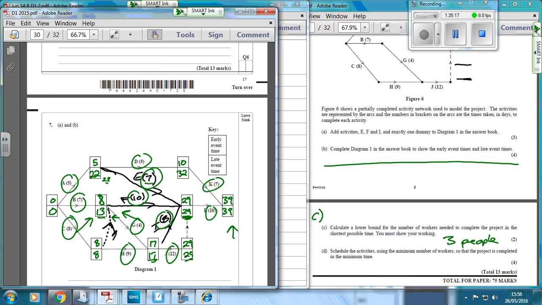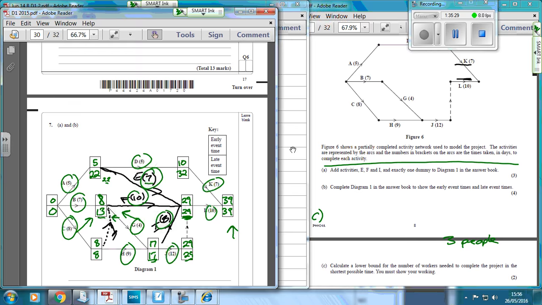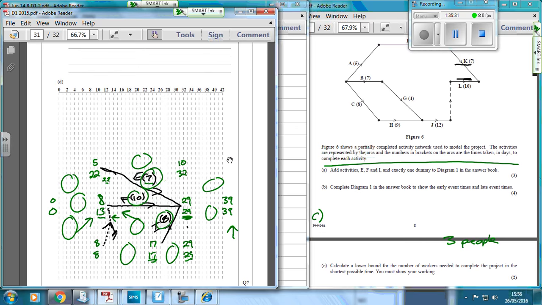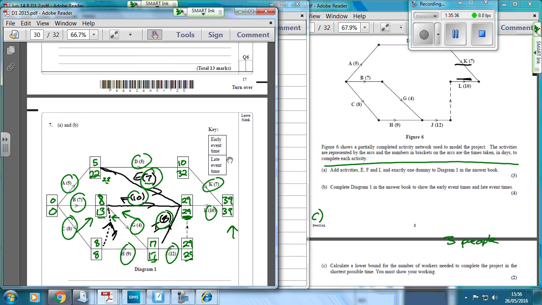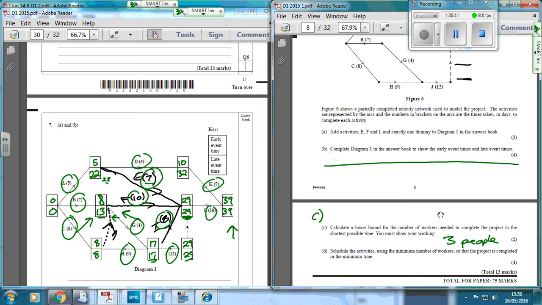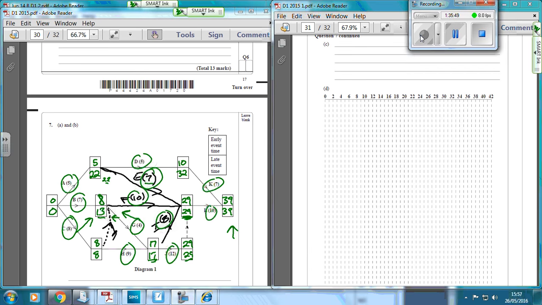Schedule the activities using the minimum number of workers so that the project is completed in the minimum time. Okay, we need another copy of that, so if I just get another one of these, and as if by magic it appears.